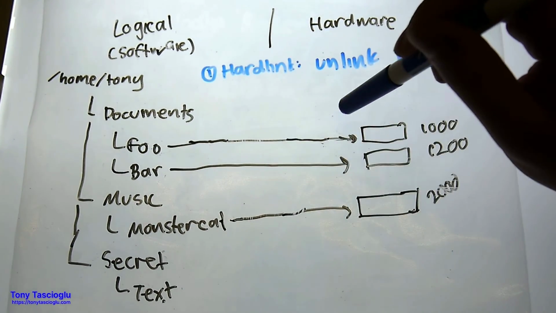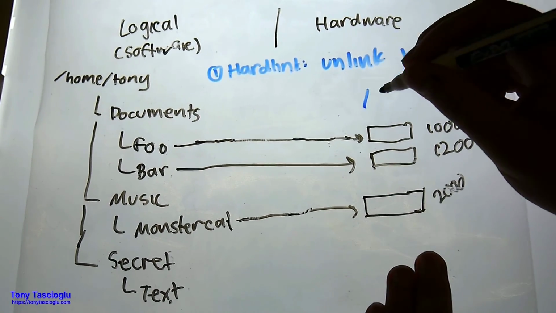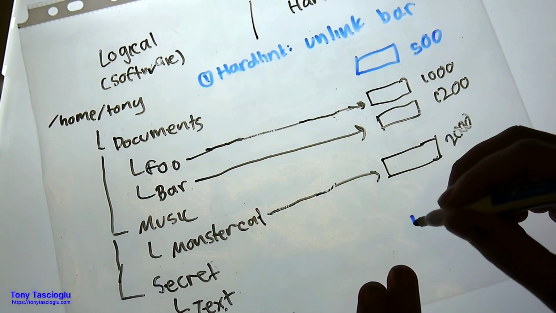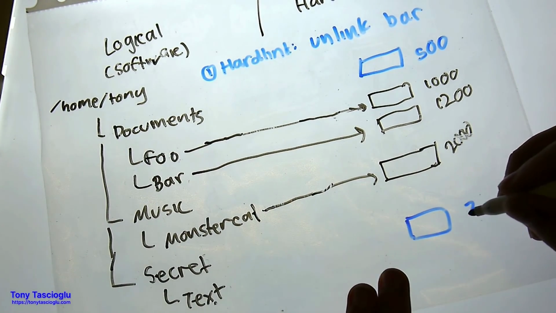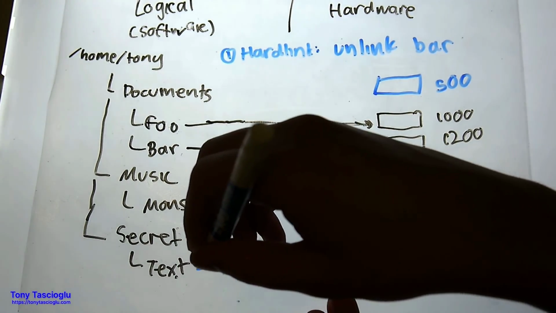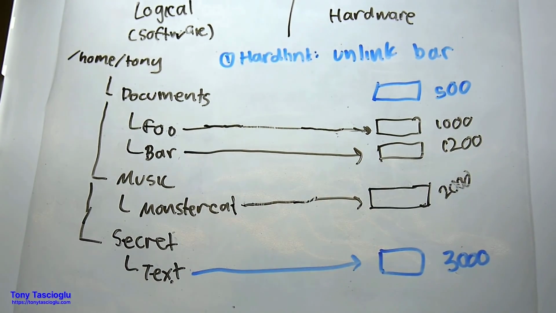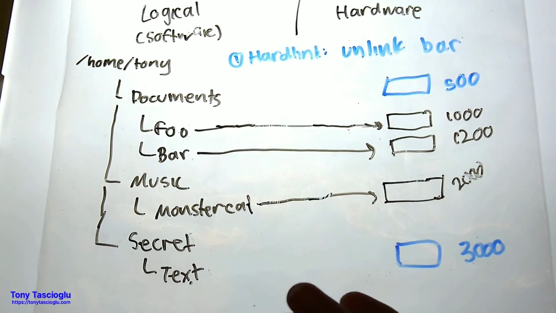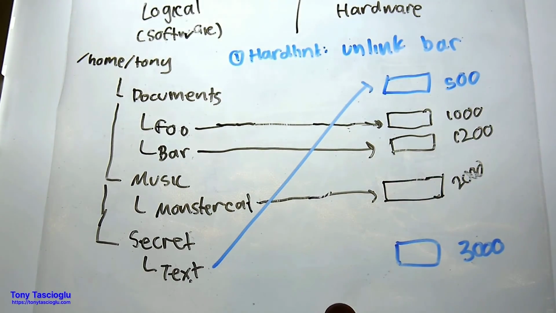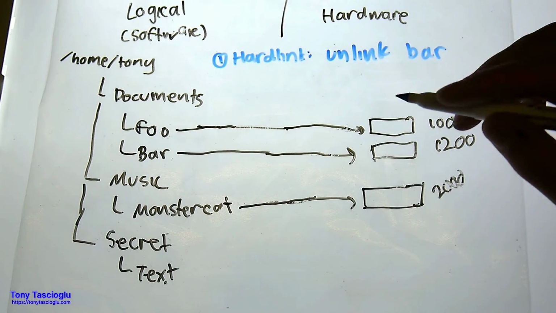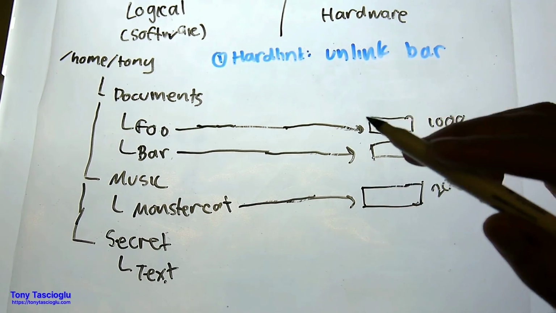But if folders were being saved in these blocks, say this was a folder at 500 or something, and this was a folder at 3000, one might think, instead of this pointing here, why can't we do what the hard linking did on files? Why can't we just get rid of that and make this point here? And that's because these blocks don't exist. Folders don't exist in the hardware view. This is, in principle, why you cannot hard link folders, because there's no block for them to link.